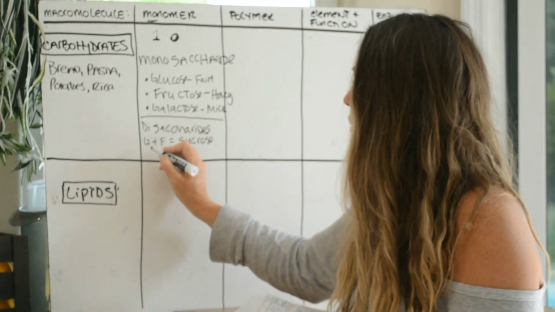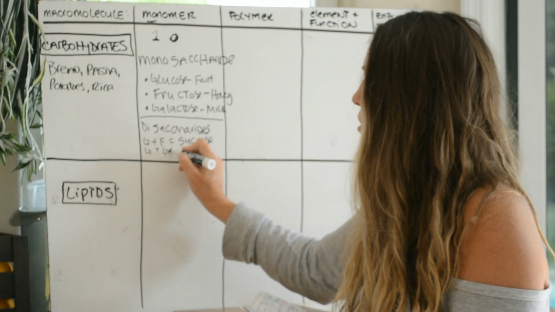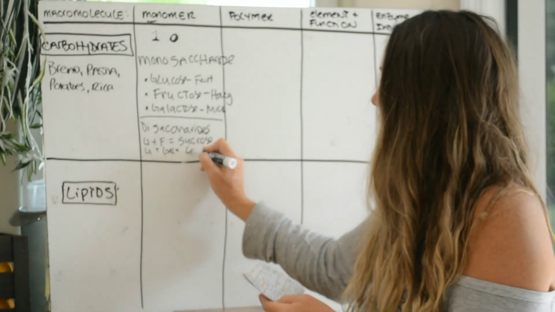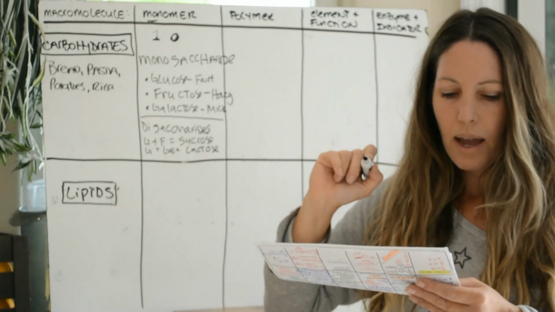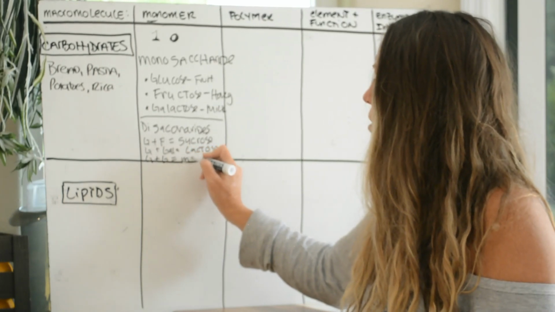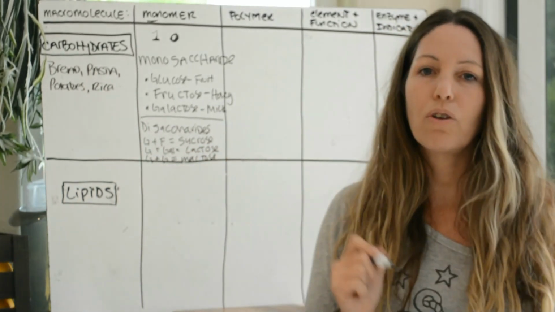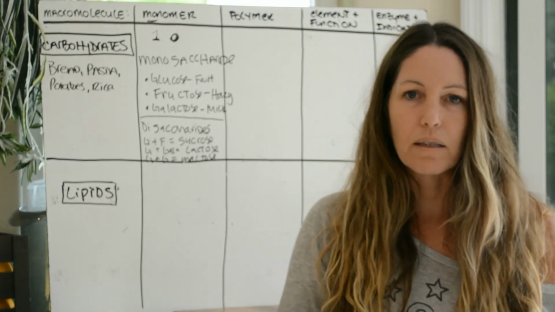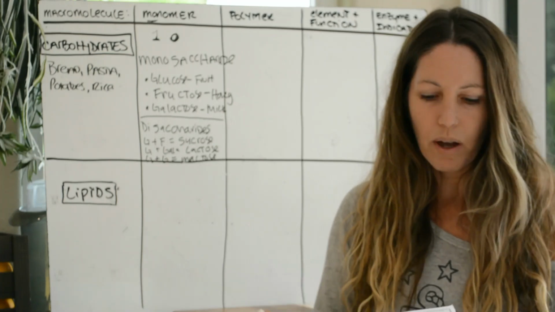If you do, say, glucose plus galactose, that ends up creating lactose, which again is another sugar in milk. And then you also can do 2 glucoses together, which ends up creating maltose, which is a sugar that you use for malt shakes. That's that malt flavor that you get from those types of shakes.